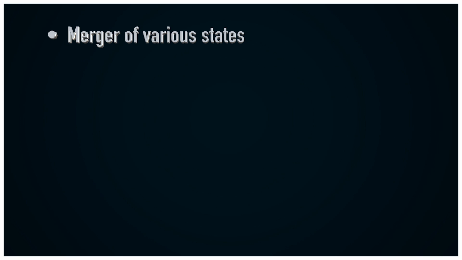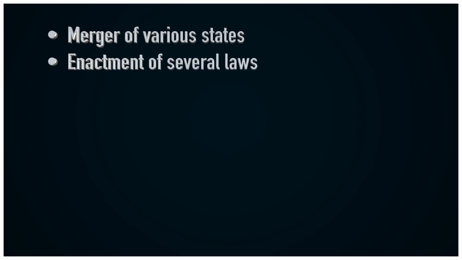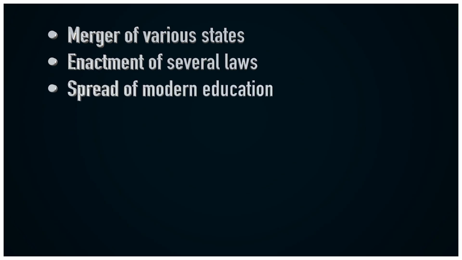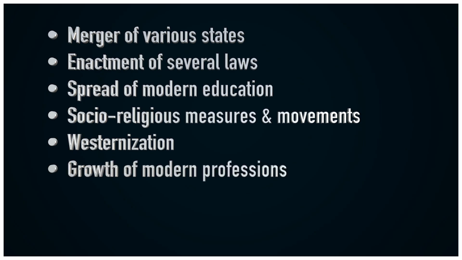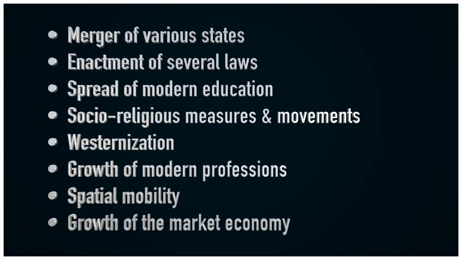After the political independence of the country in 1947, besides industrialization and urbanization, other factors which affected the caste system are merger of various states, enactment of several laws, spread of modern education, socio-religious measures and movements, westernization, growth of modern professions, spatial mobility and the growth of the market economy.